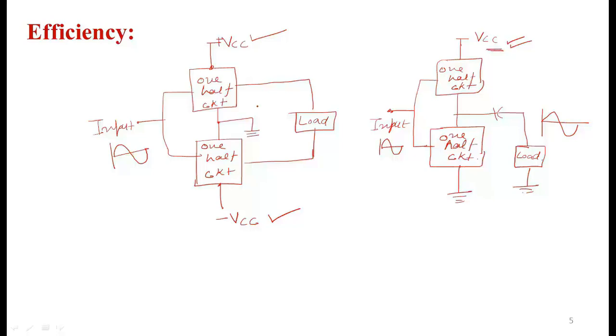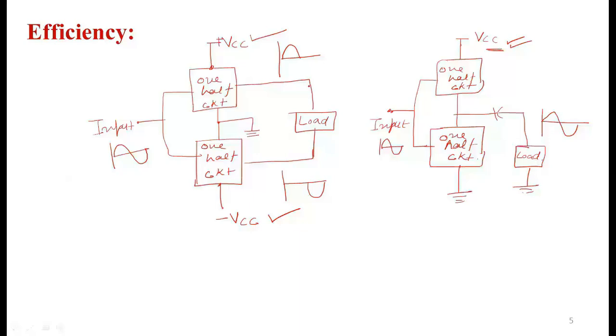And in this kind of circuit we have two power supplies, one here and one here. From this we have this kind of output, and from this DC supply we have this kind of output. So we can say that two power supplies have the form of half wave rectified signal from each supply.